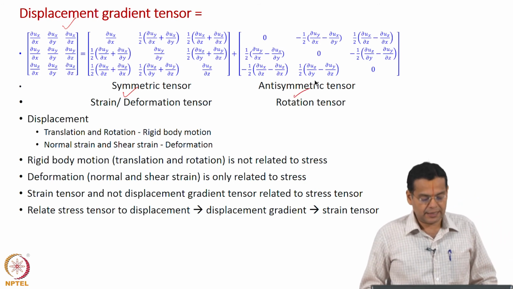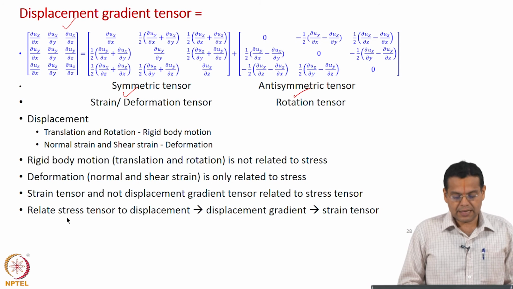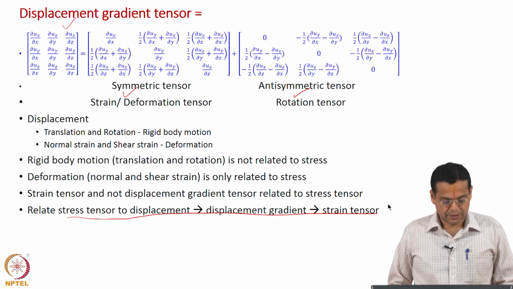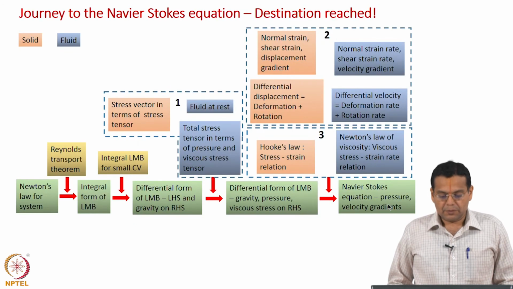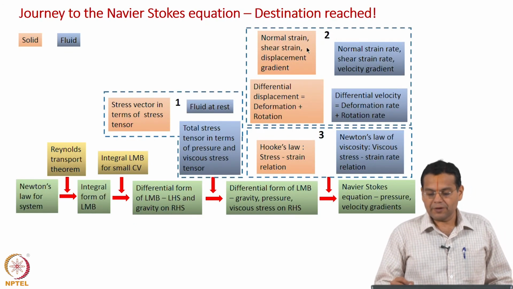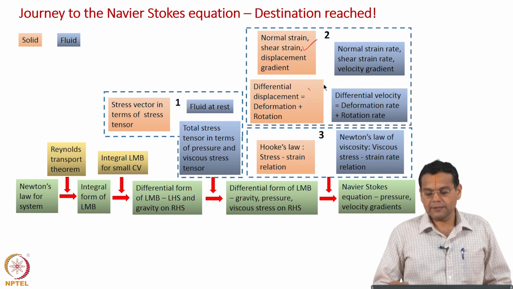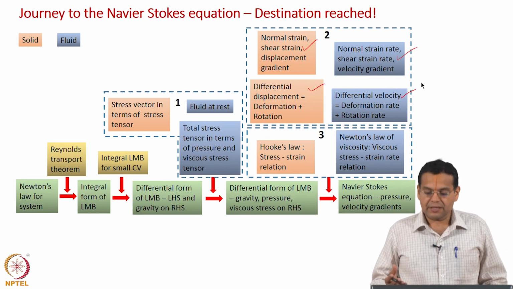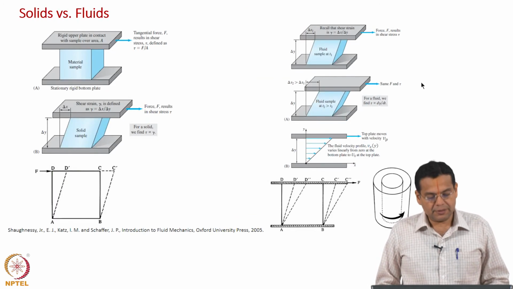And we also said that the stress tensor has to be related to the strain tensor. Now, at that point we have completed these two blocks. We will have to extend that knowledge analogous to fluids, where we discuss the strain rate and strain rate tensor. Okay, a few slides from there.